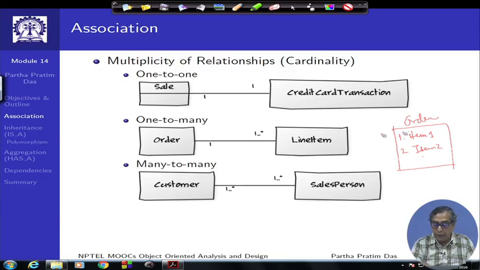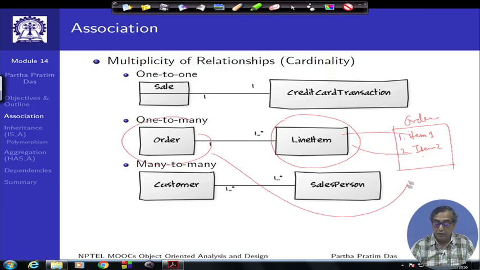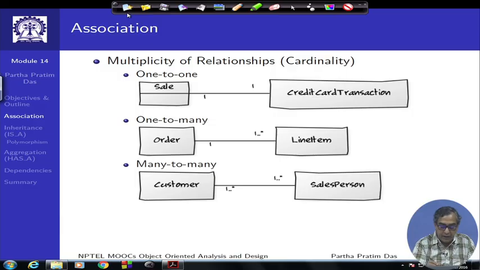So, if I model each and every item placed in the order by a line item class, and model this whole order by the order class, then the relationship between them is one to many. That is, one order object instance will have one or two or more line items, and that is what is depicted in the picture here.